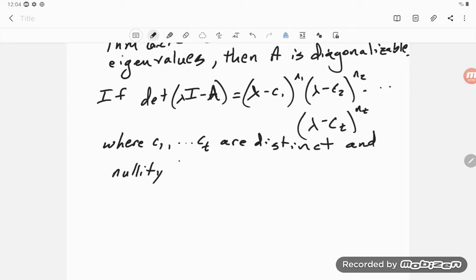Nullity of (CiI minus A) is equal to the multiplicity, so Ni.